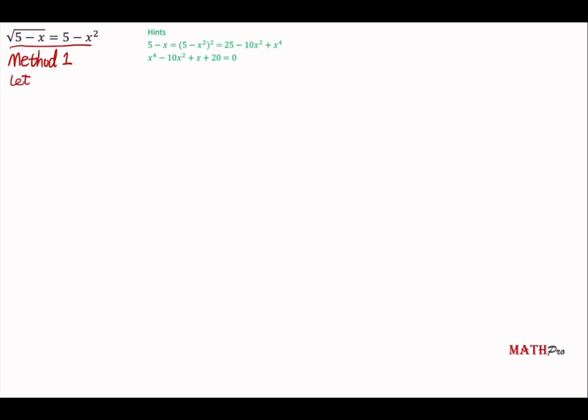we let a equals 5 as a new variable, and then we're going to solve for a, and then we replace here whatever 5 with a. This is a squared, this is 2a. So this new equation can be written as a minus x equals a squared minus 2x squared times a plus x to the fourth power.